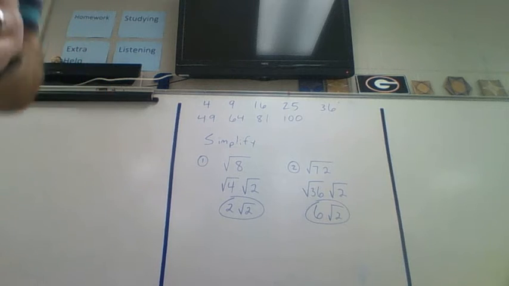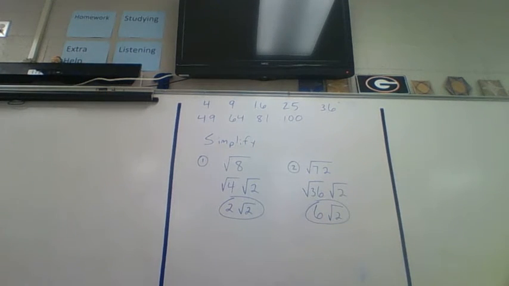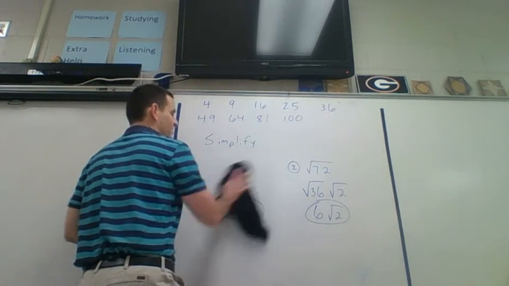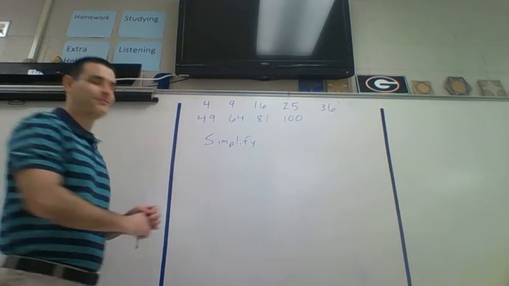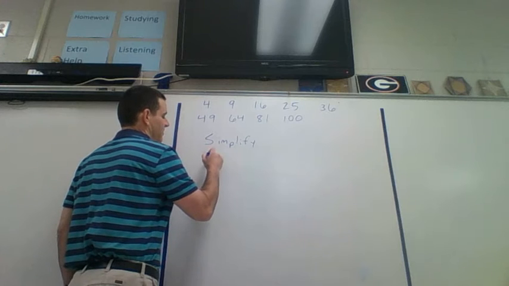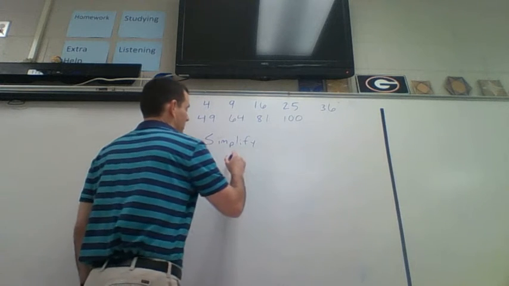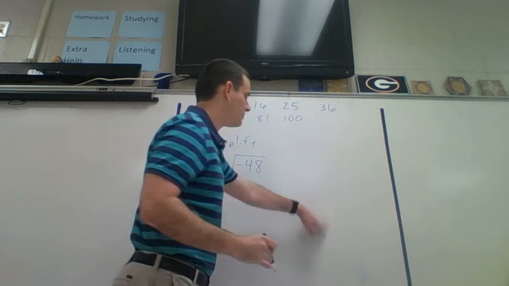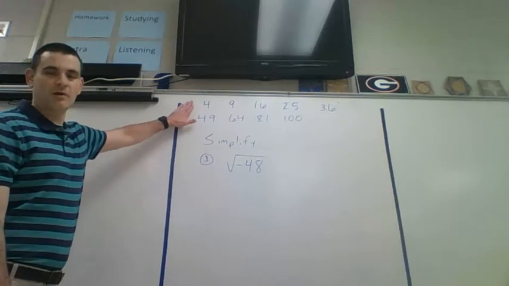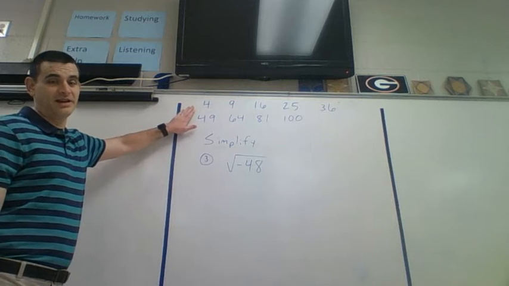Okay, so let's look at a couple other examples. You're sometimes going to see something negative, and it's an easy fix. Let's take, for example, the square root of negative 48. Again, don't start with a 4. 4 goes into 48, but it's not the biggest.